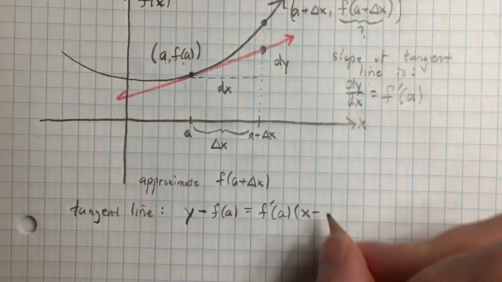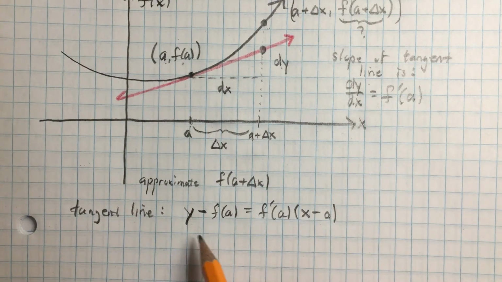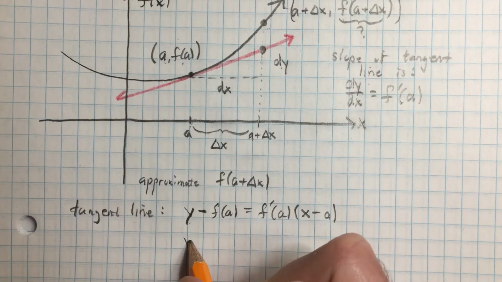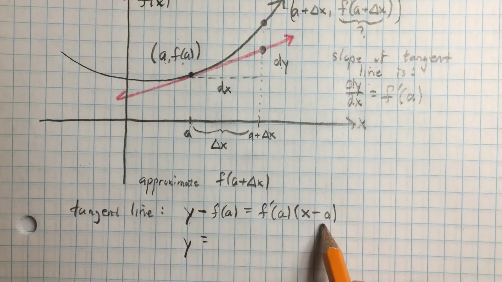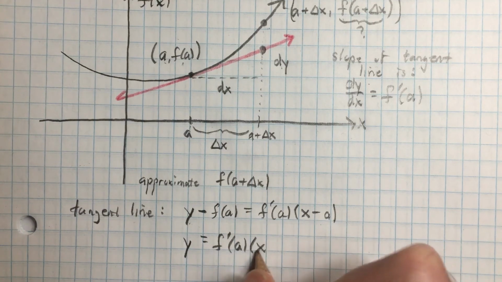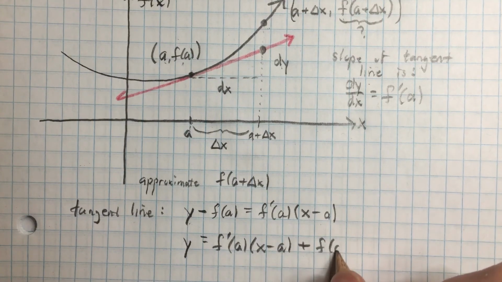The x coordinate here, x minus a. Okay. So solving for y, to write the tangent line in the usual way, we would have y equals slope times x minus a plus f of a on the right hand side. So f prime a times x minus a plus the function at a.